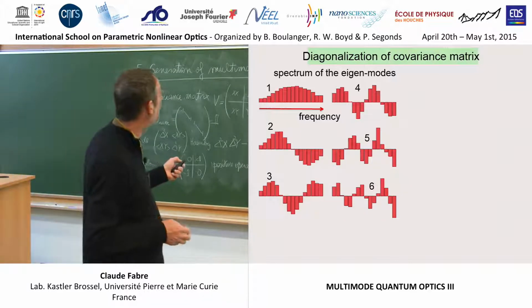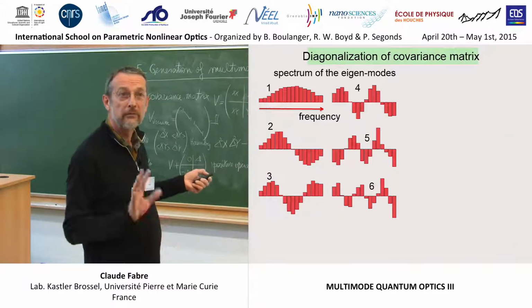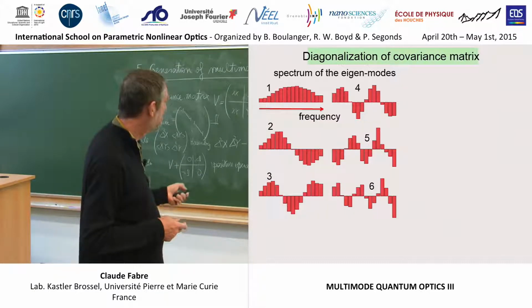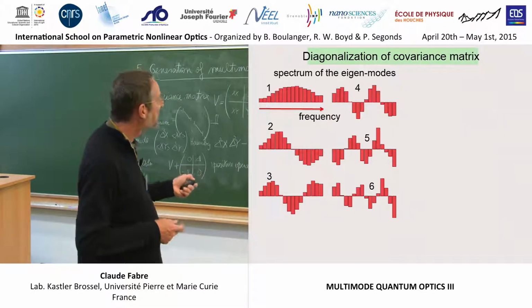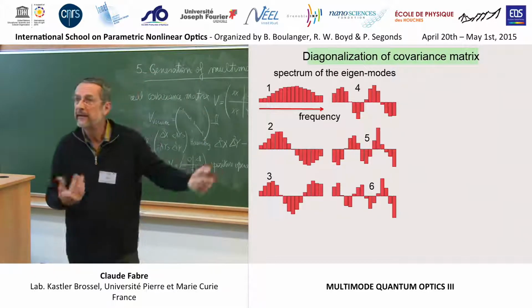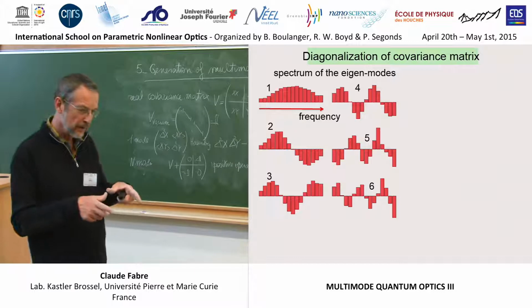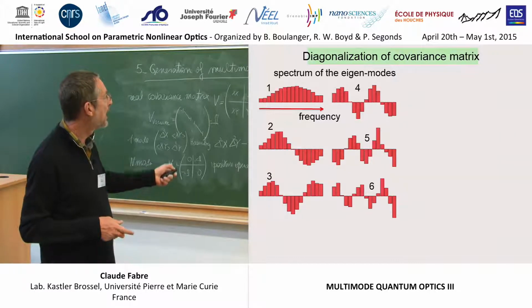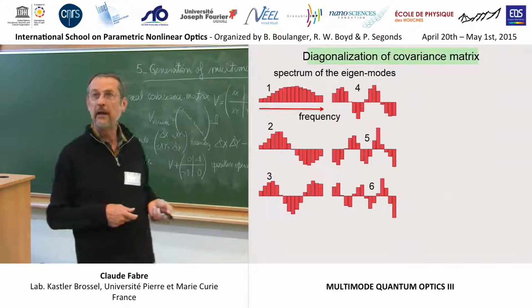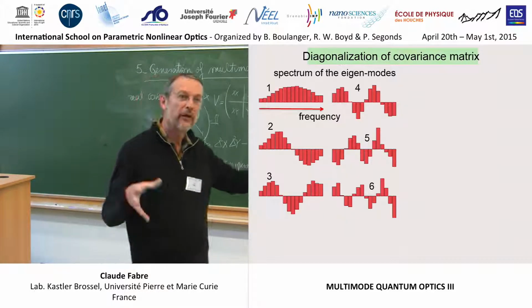So you see the first one looks Gaussian. The second one looks like a second Hermite-Gauss. The third one also very good. It's worse and worse in some way, but because we don't have enough bands first, and also the higher the number here, the number of nodes, the wider the frequency spectrum.